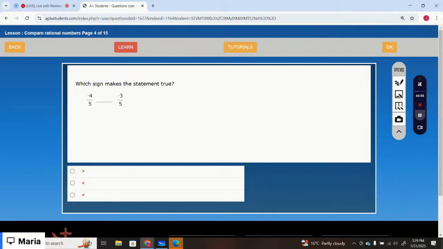Negative 4 by 5 is less than negative 3 by 5 because as you are moving far from 0 on the negative side, the numbers are getting smaller and smaller.